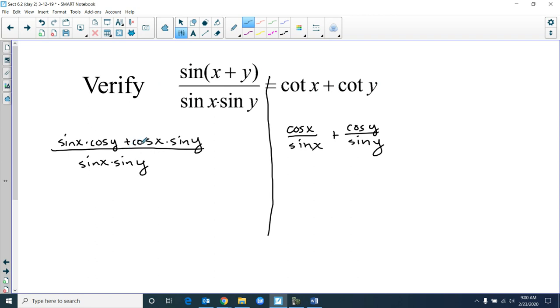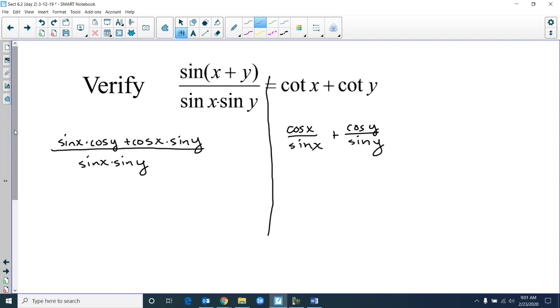You really got to be careful here. You cannot cancel these sines of x. You cannot cancel this and say you have cosine of x plus cosine of y. That is mathematically incorrect. So be careful there.